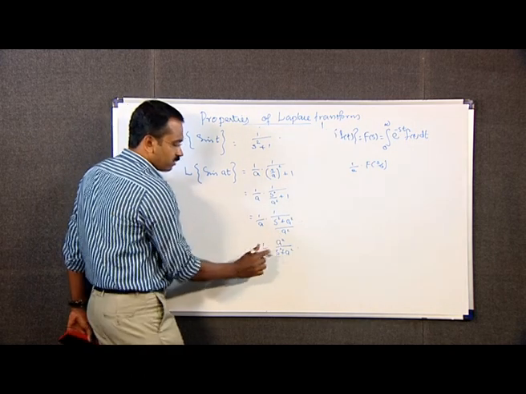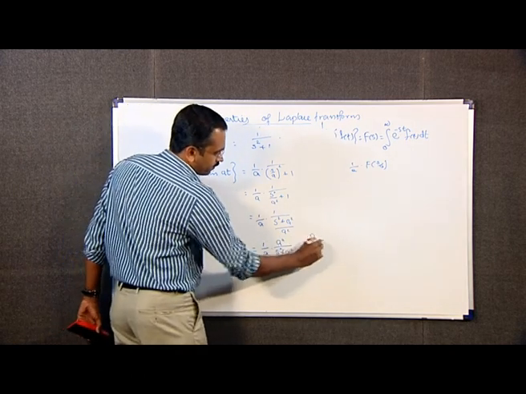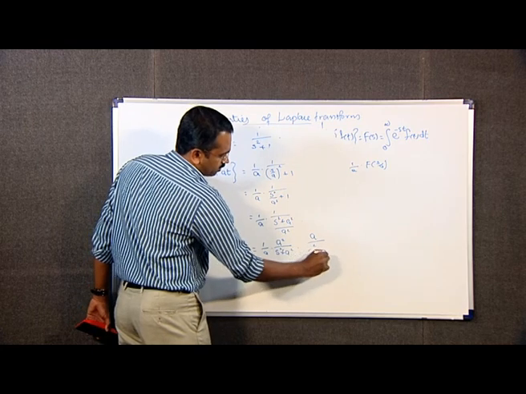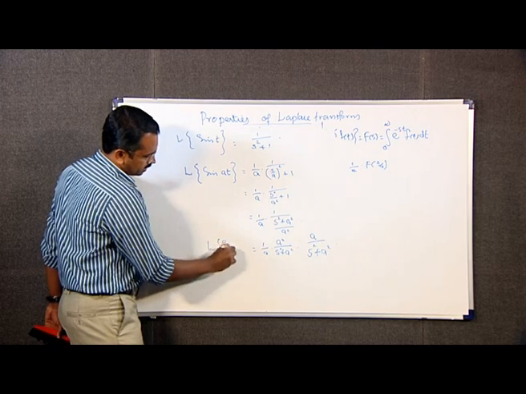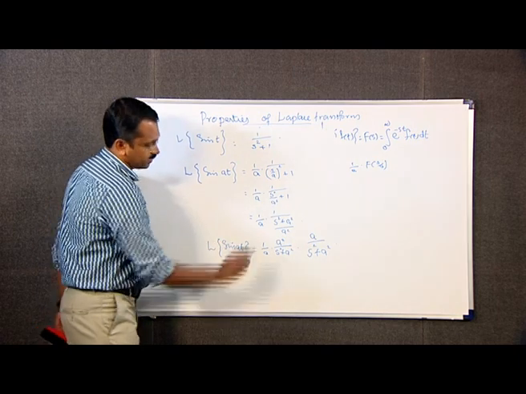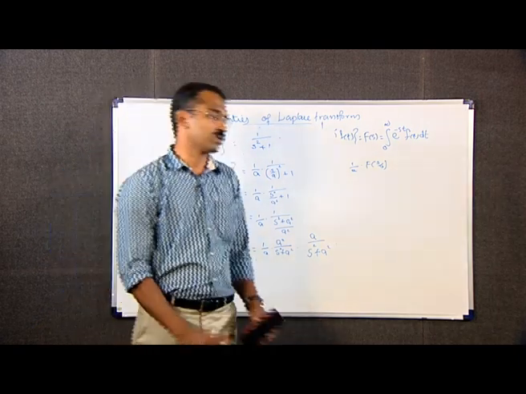A square divided by a means a by s square plus a square. That is, the Laplace transform of sin a t is equal to a by s square plus a square.